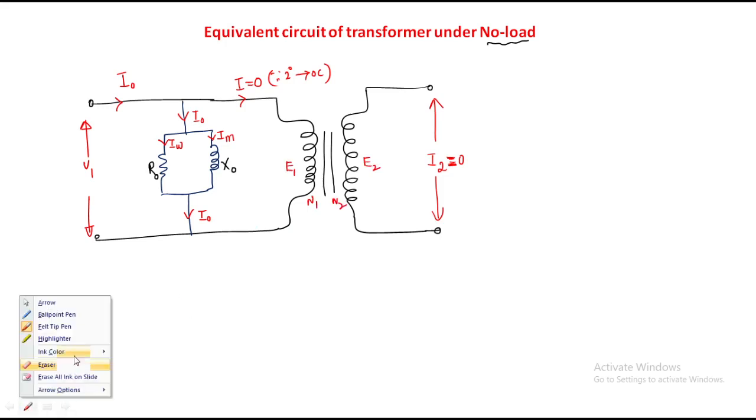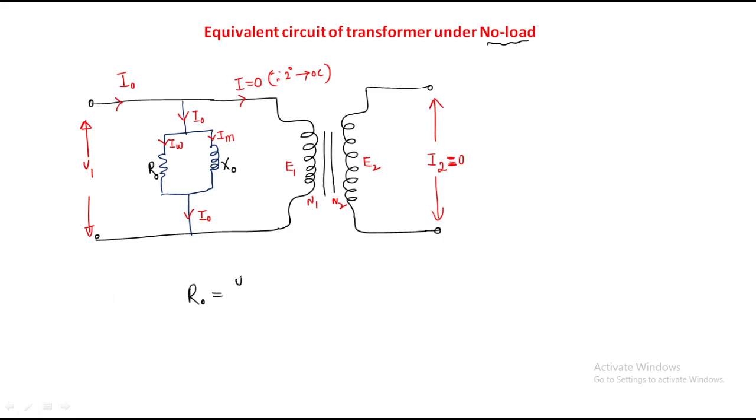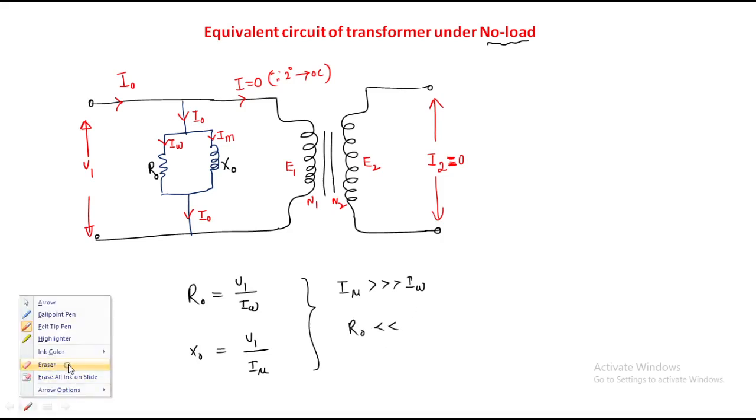So we all know that R0 equals V1 by IW and X0 equals V1 by I mu, and the magnitude of I mu is 3 to 4 times IW. Therefore R0 should be more than X0, right?